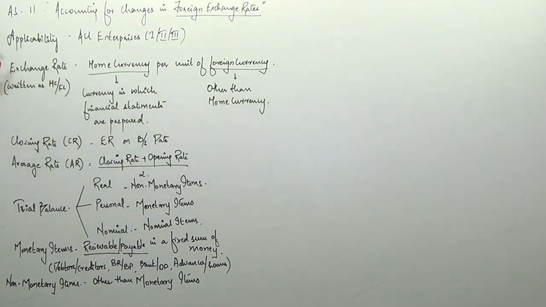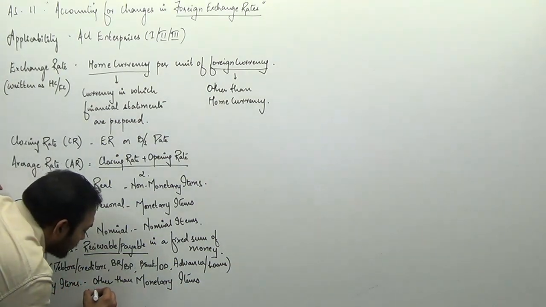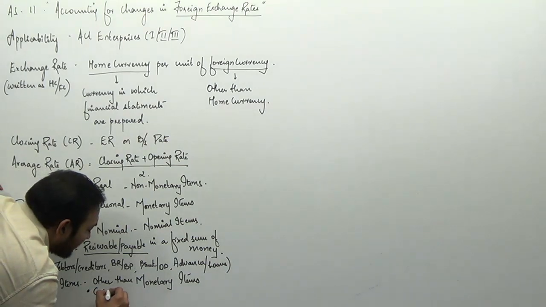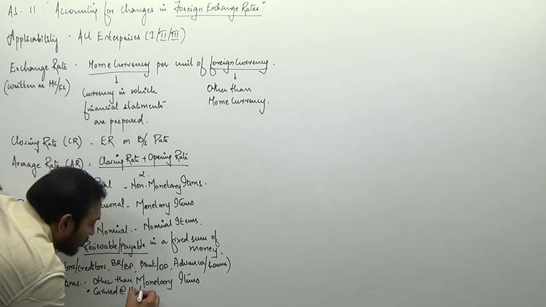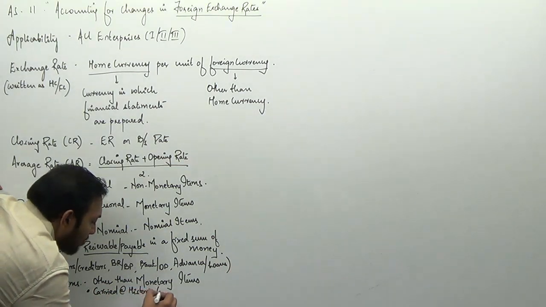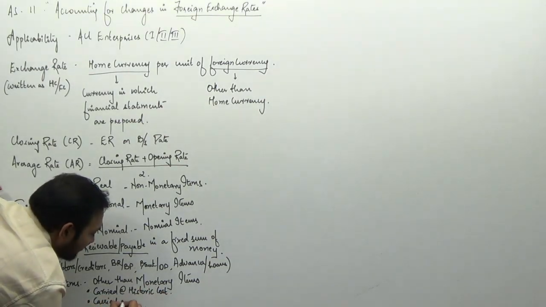Your non-monetary items are normally classified into two ways. Non-monetary items are classified as those which are carried at historic cost and those which are carried at fair value.